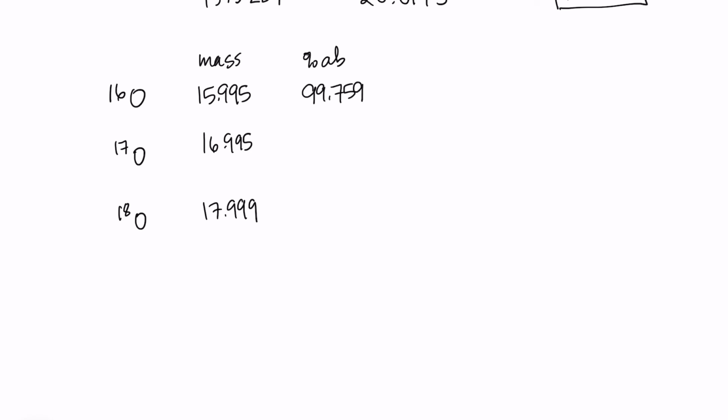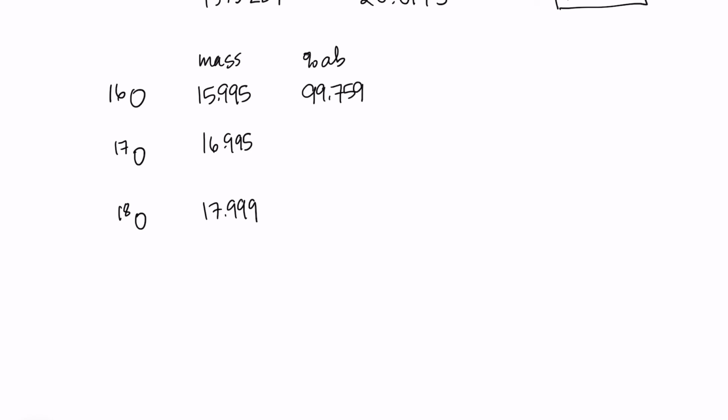The mass of each of these isotopes is 15.995, 16.995, and 17.999. And I know that the natural abundance of oxygen 16 is 99.759%.